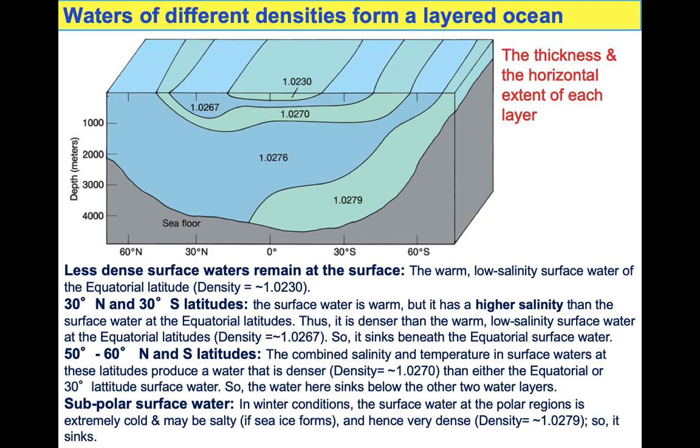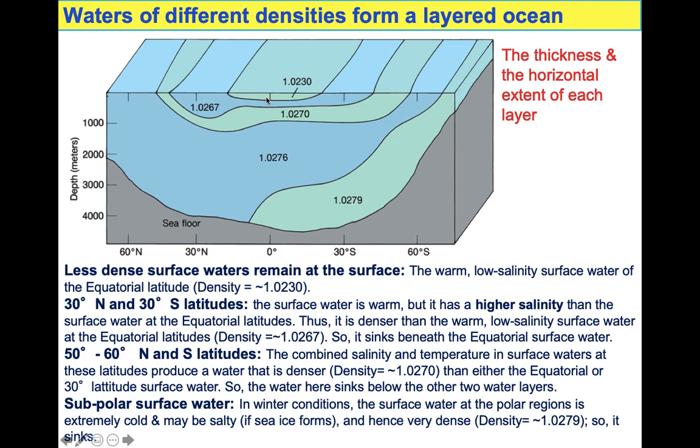That means that the surface waters are pretty warm and the salinity is not high at all. So the density is about 1.023 gram per cubic centimeters. So warm, low salinity surface water in the equatorial regions.